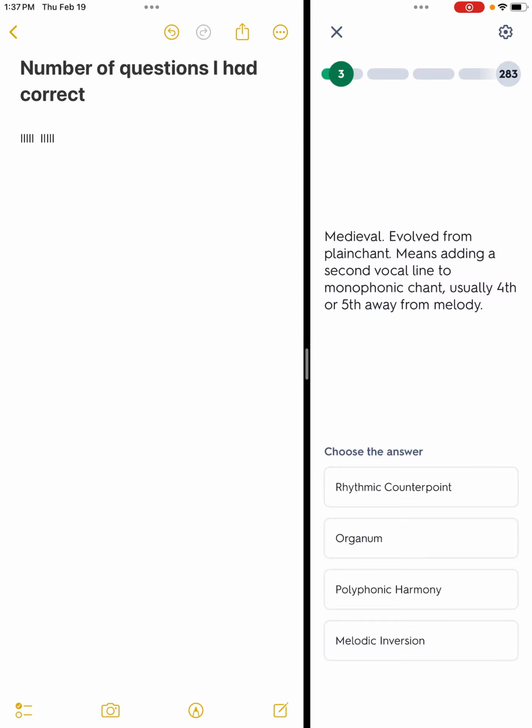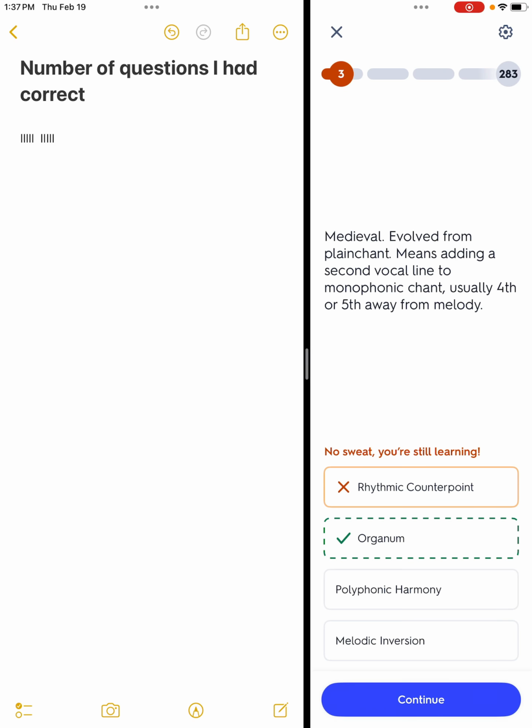Medieval evolves from the plainchant, meaning adding a second vocal line or modified chant, usually a fourth or fifth away from the melody. Is it counterpoint? Organum.